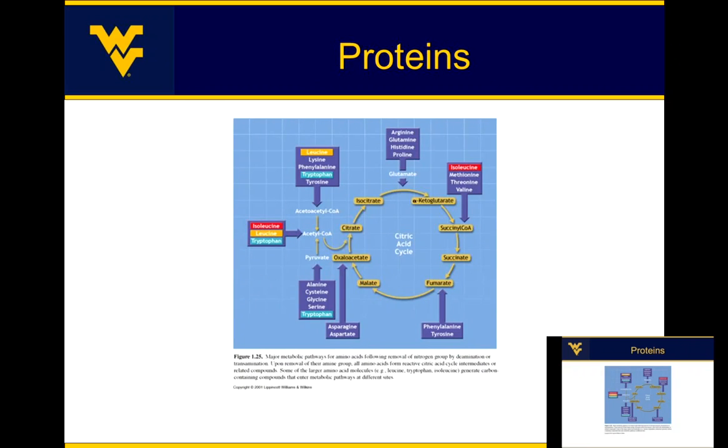Now the last thing I'm going to address for just a minute or two is proteins. Of our 3 macronutrients, fat, carbohydrates, and proteins, protein should be the least important when it comes to providing ATP. You want proteins. Proteins are always being turned over in your body. They're going into your muscle, they're going out of your muscle.